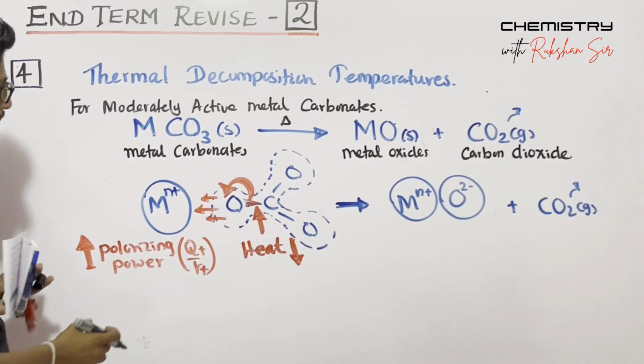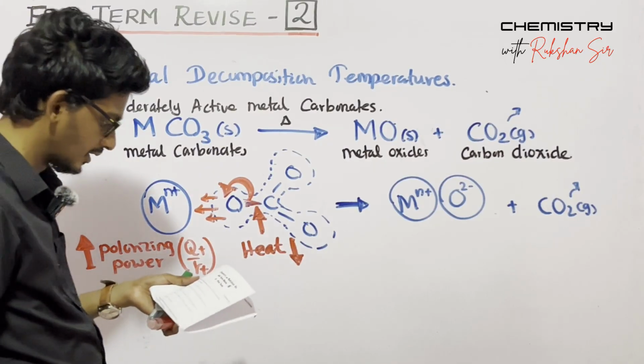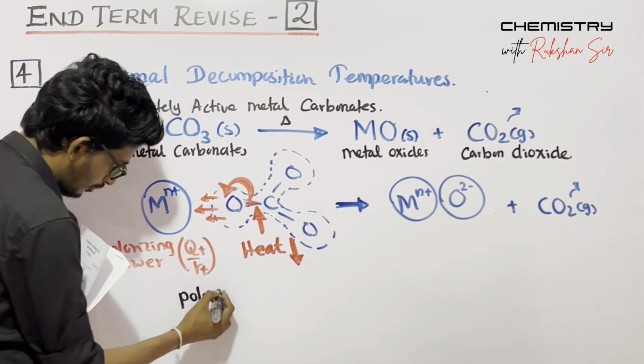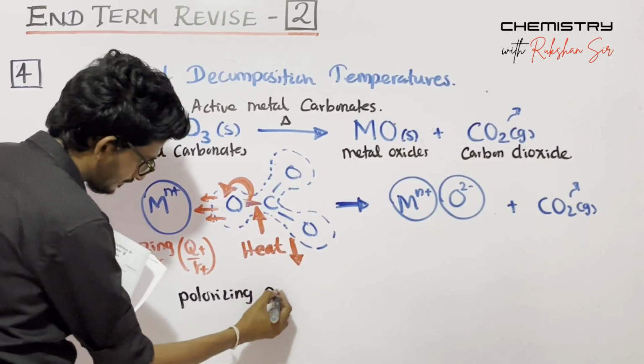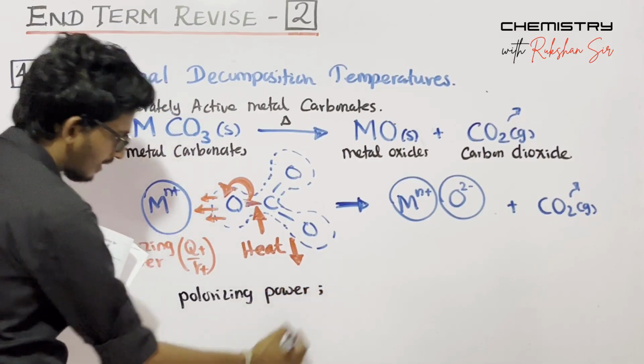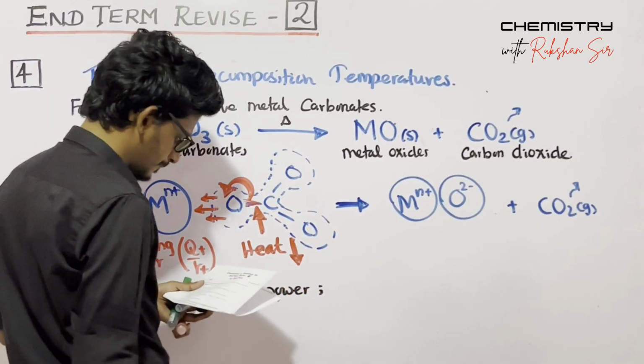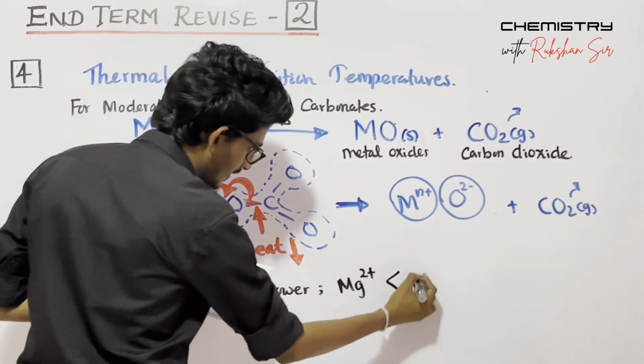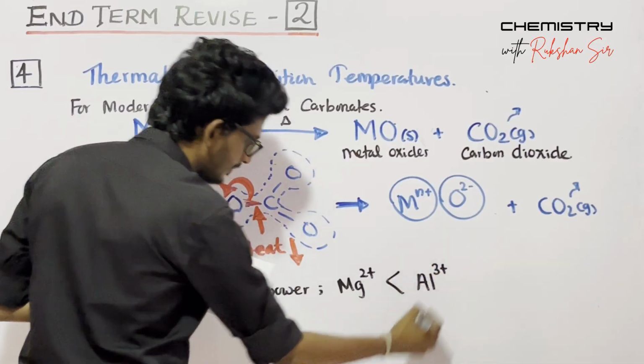So now we need to compare the magnesium and the aluminium here, right? As the polarizing power of magnesium 2 plus is smaller than that of aluminum 3 plus.